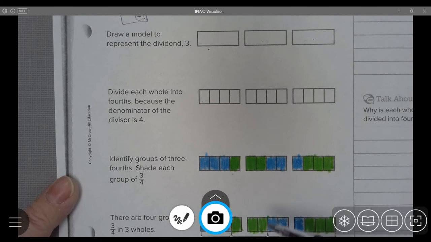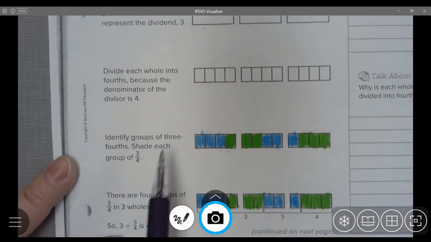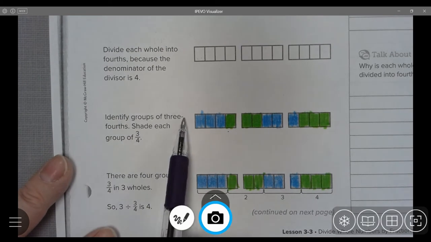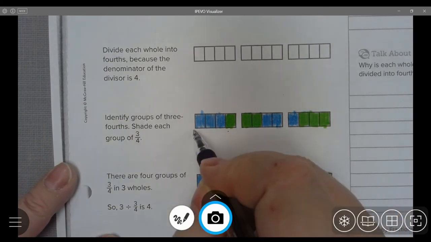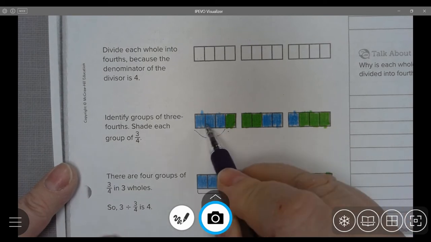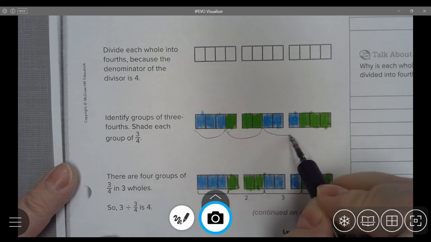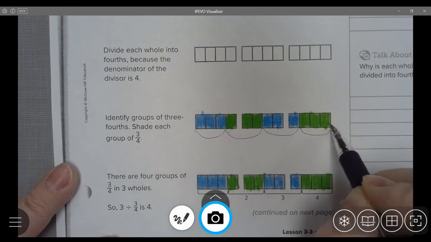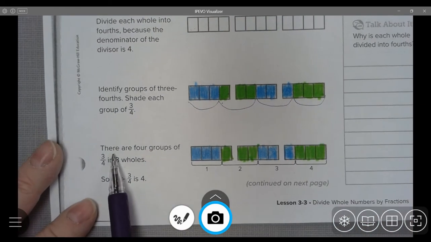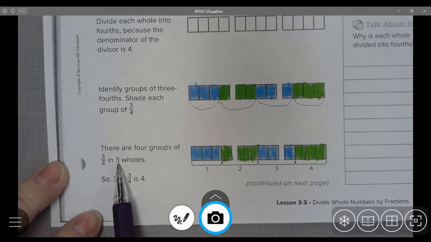So using 2 different colors, as you can see in your book, we're going to take and look at identifying the groups of 3/4. So here's one group of 3/4, 3 of the 4. Here's another group of 3/4. Here's another group of 3/4 and another group of 3/4. And as you can see, there are 4 groups of 3/4 in 3 wholes.